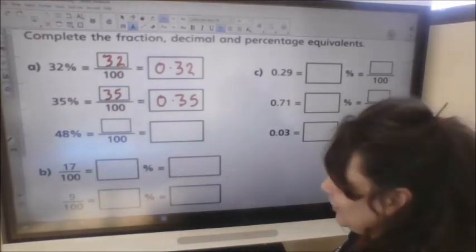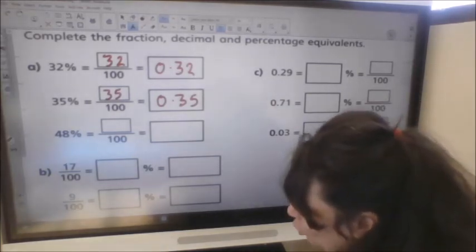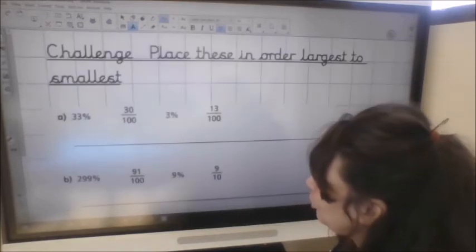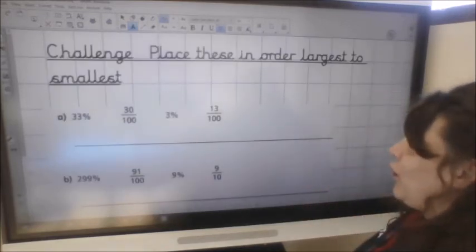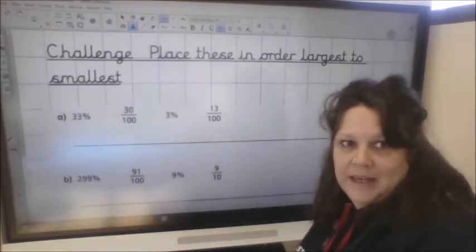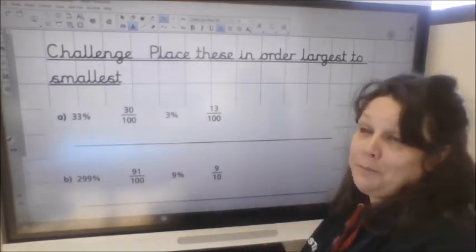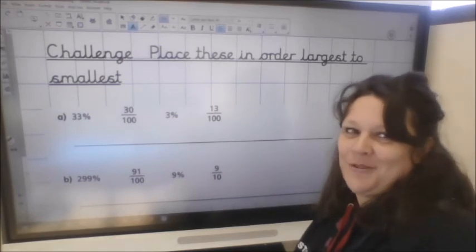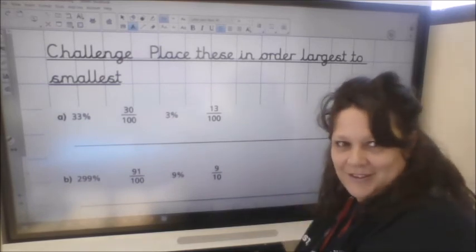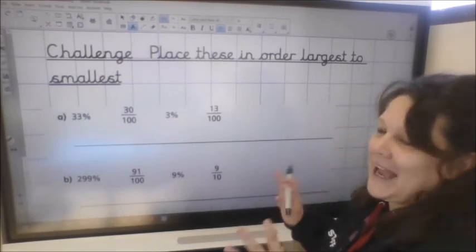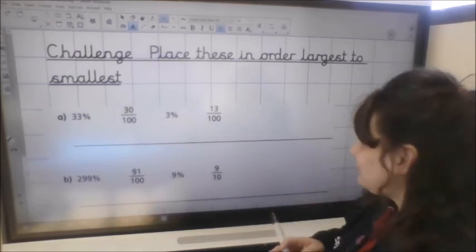Right, year 6, your final task for today. And I'm sure that by the end of it now, you are going to be absolutely amazing at converting fractions to decimals, percentages to decimals and decimals to percentages. So, last task, this is your challenge.